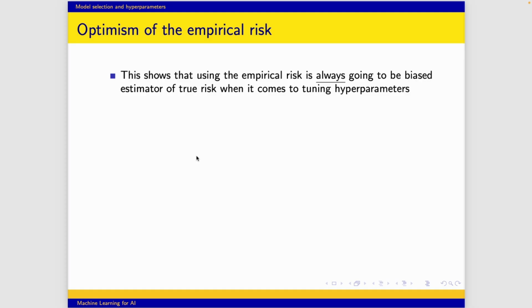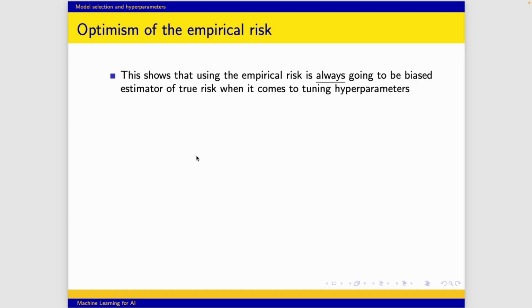Now, this maybe is not entirely apparent at the moment, but it should be by now that if we use the empirical risk to find the optimal gamma, we are always going to get a biased estimate.